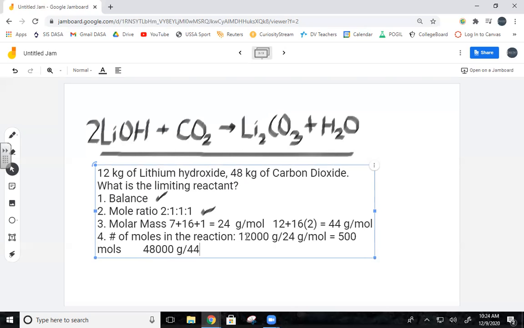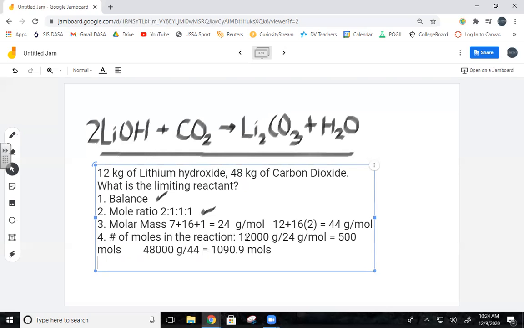That means we have 1,090.9 moles of carbon dioxide. That's not as nice of a number.